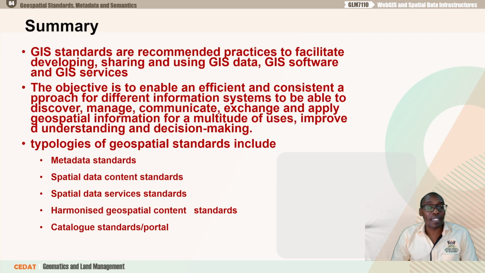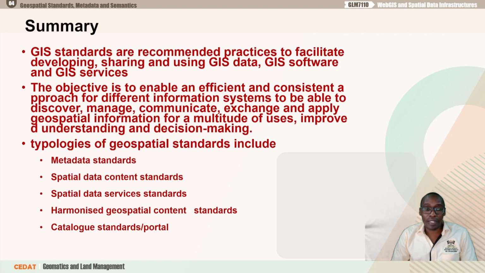Some of them could be at a global level, but we need to contextualize them to Uganda. So one of the challenges for the NSDI is to develop profile metadata standards and spatial data content standards. Currently, every ministry is developing its own content standards. And now when we come to share information, sometimes it may not be useful.